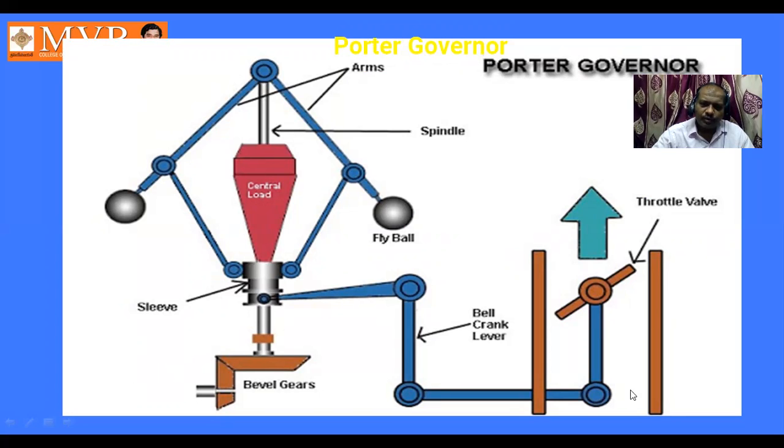Here we give the input, and the change in position takes place. Automatically the output is affected. I repeat once again: the change in load will be compensated, as it affects the speed only. The speed has to be increased. For that, fuel has to be supplied to the engine. Here this is the output, and we control the output with the help of these input parameters.